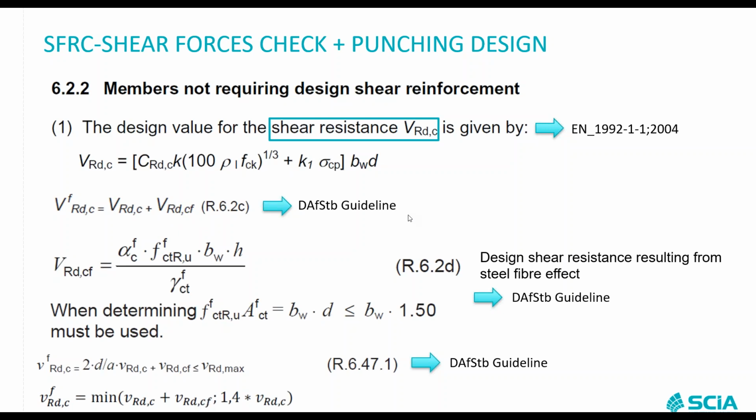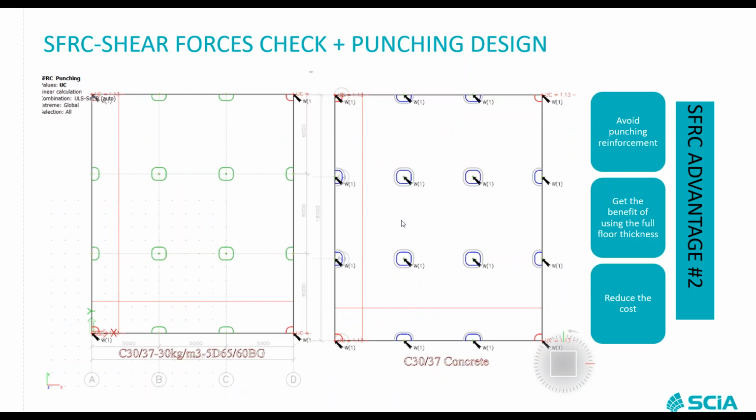This is a quick comparison with the Eurocode regarding the design. What you can see now on the screen, I made two examples, two identical. The only difference, I have within this slab, in fact supported by several columns, 30 kilograms of steel fiber, and in this slab I use nothing, just traditional reinforcement.